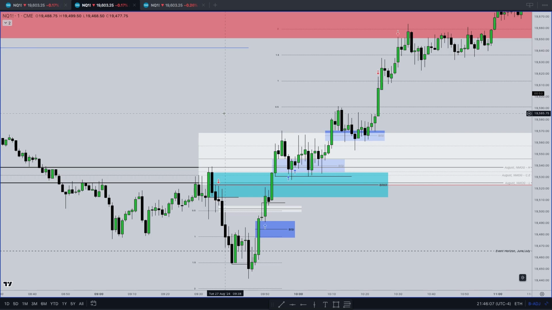This is not a rule, because many times I'm not seeing a breaker, maybe it's another PD array, but the way I do this is I try to look for a cluster of PD arrays to invalidate my trade idea, because I want to be really precise and I want accuracy on my trades, and I want to control risk the best.